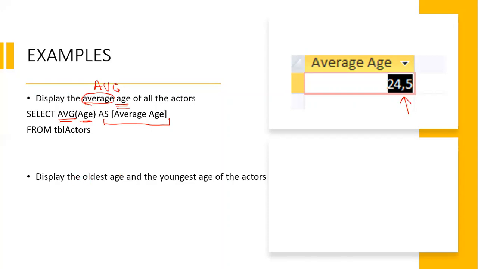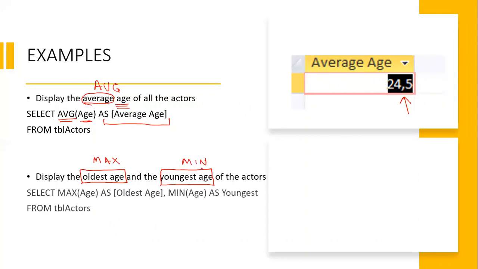The next example, display the oldest age and the youngest age. So we need to display 2 values. Oldest would be max, and youngest would be finding the min. And we would then say select max age, and then we have an alias, comma, then there's our min age with an alias.